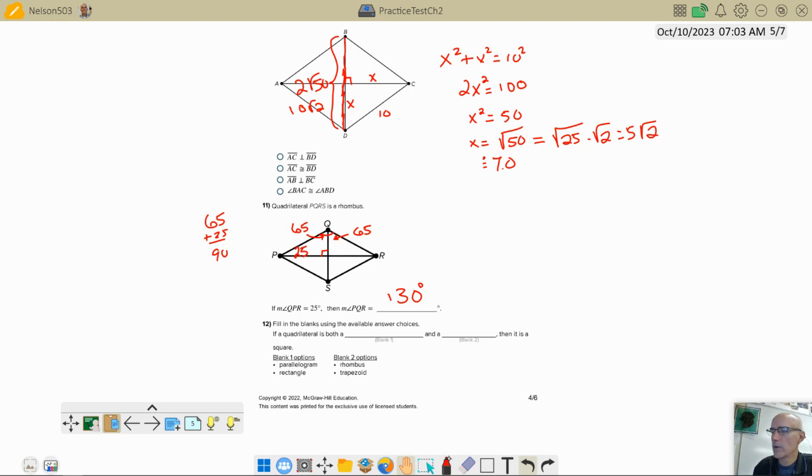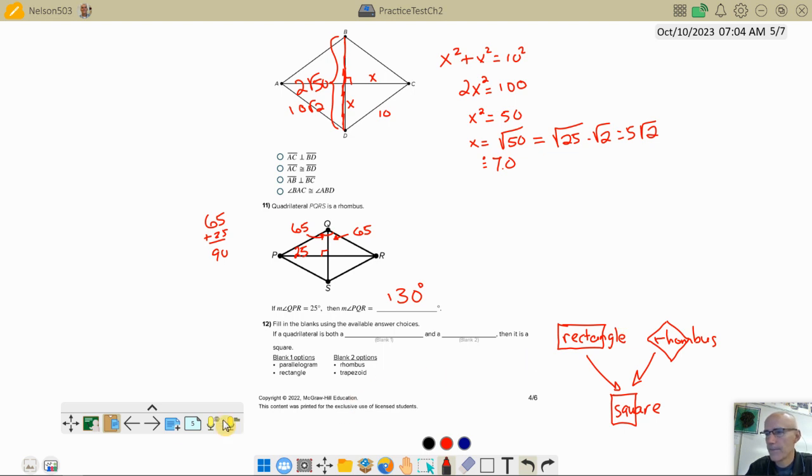Remember how our little mind map had a rectangle, and then it had a rhombus, and then it went down here to a square, right? So square. Hopefully that looks like a square to you. So here's our rhombus right here, and this is our rectangle right here. Okay, that's the way our mind map looked back in section 6 or something like that, 5 maybe.